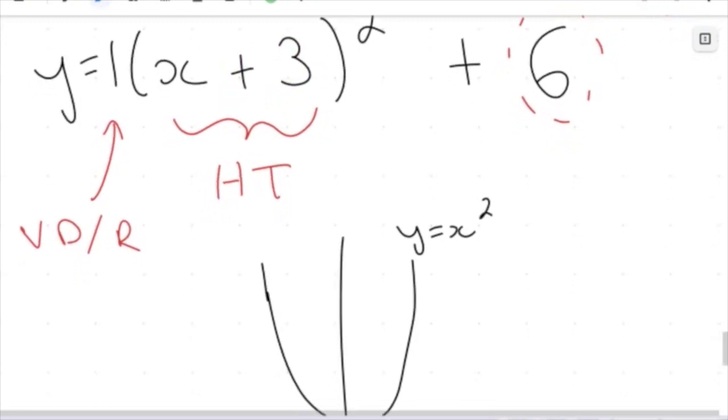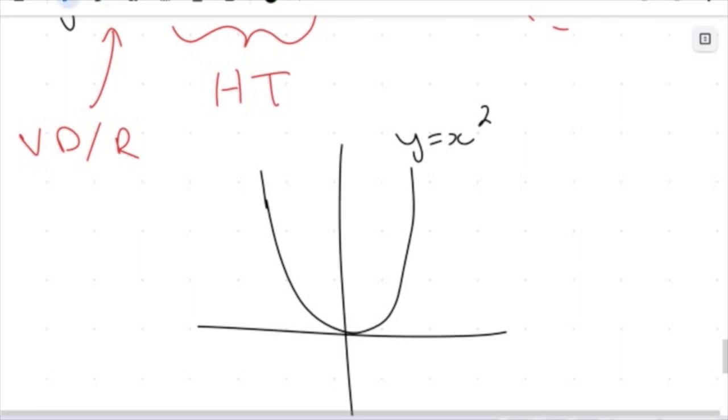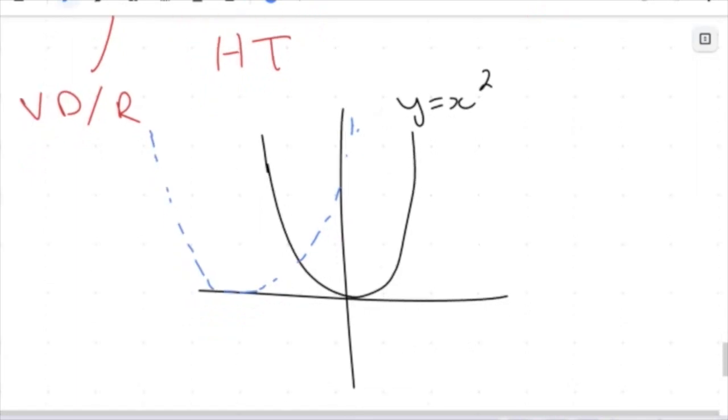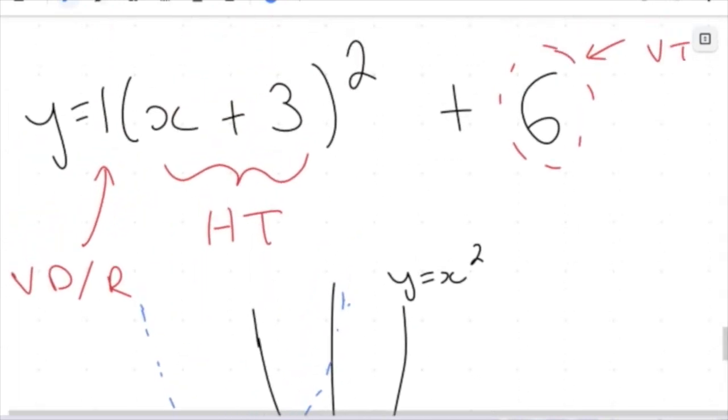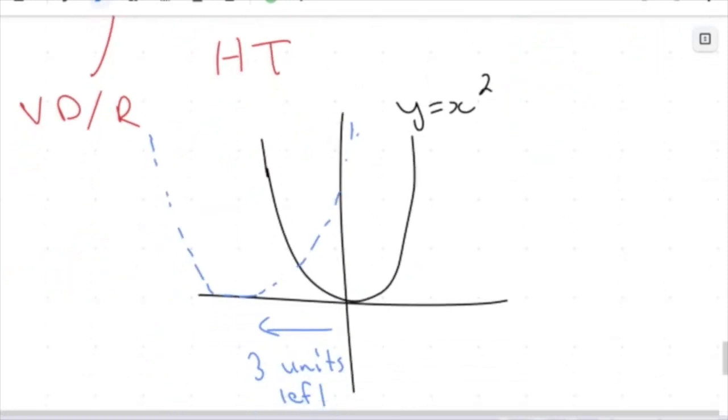So that means that this horizontal translation is going to move it 3 units in the negative x direction. So I'm going to get something like this. This is my transformation moving the turning point 3 units left. And once again, I need to consider my vertical translation. So this is going 6 units up.